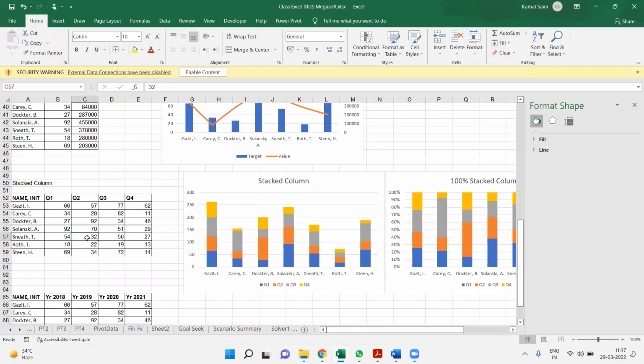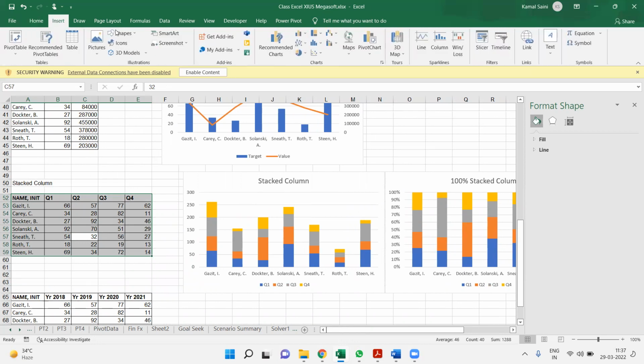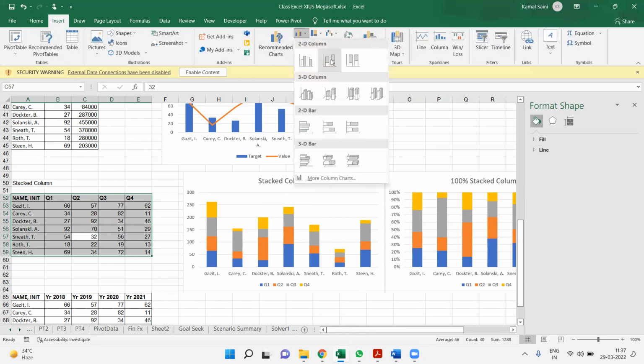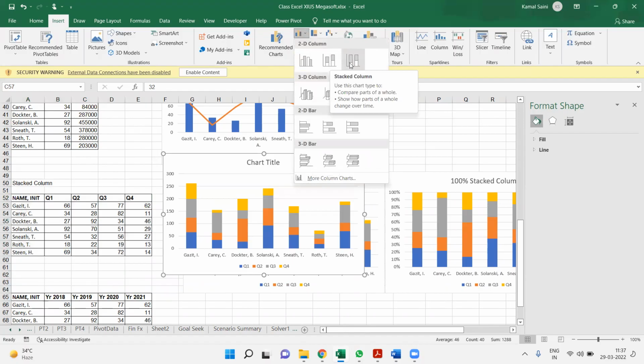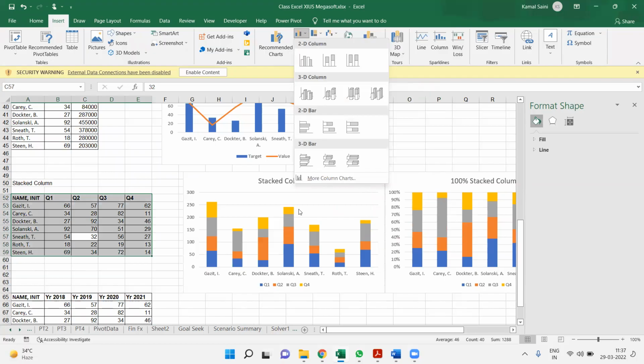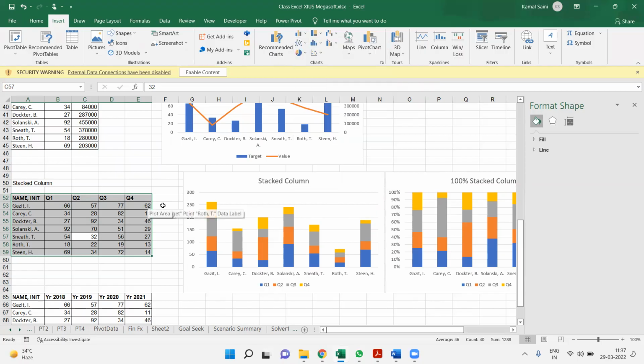Yeah. Select the whole data, go to insert, and in the column you have the second option stacked, and the third option 100% stacked. The first chart you can see here is stacked, and the next option is 100% stacked. If I just add up the total business, I have 262 as overall business.